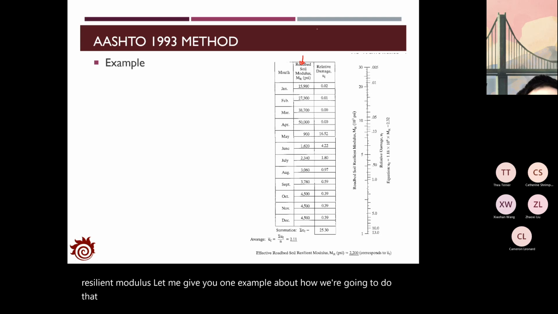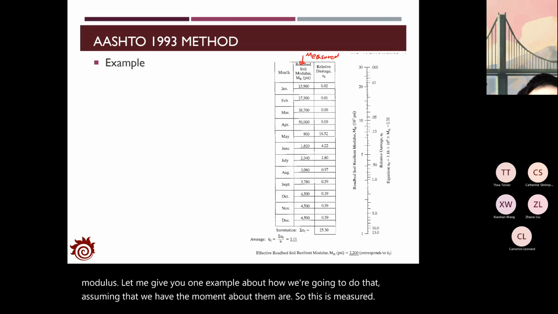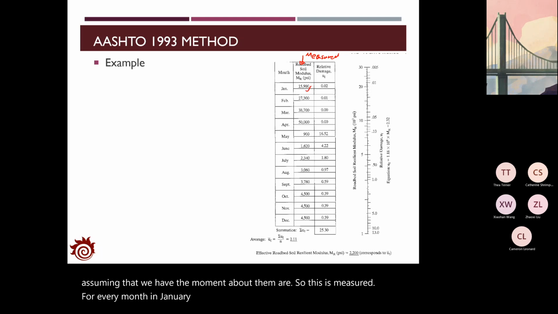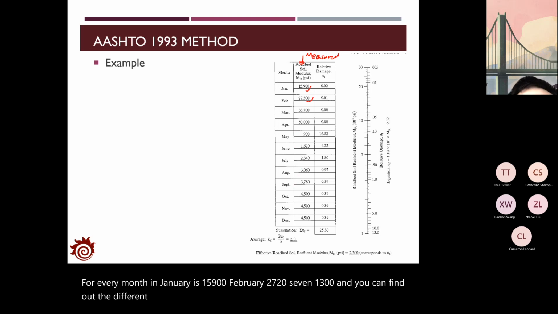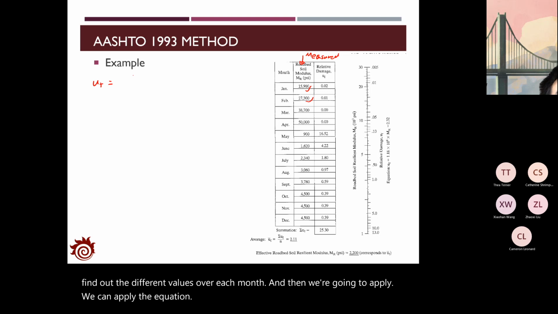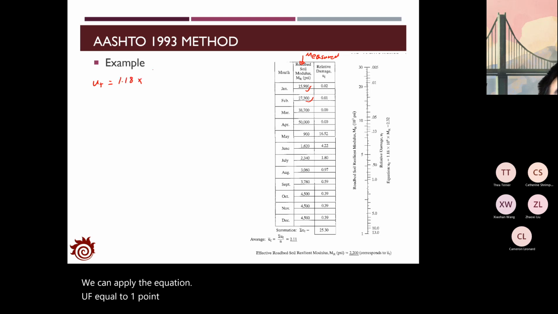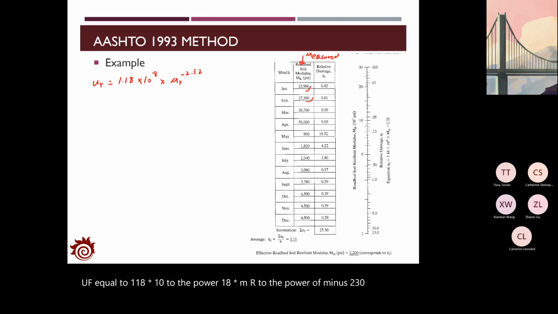Assuming that we have the measurement of the MR, so this is measured for every month. In January it's 15,900, February it's 27,300, and you can find out the different values in each month. And then we're going to apply the equation UF equal to 1.18 times 10 to the power 18 times MR to the power of minus 2.33 to calculate the UF at each month.